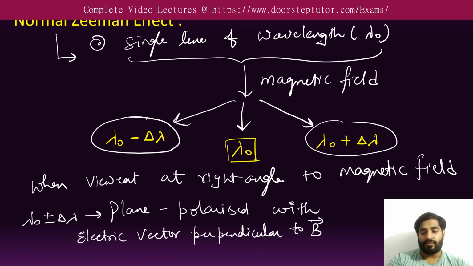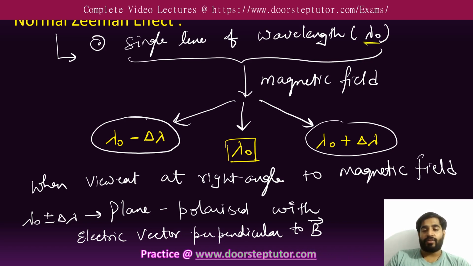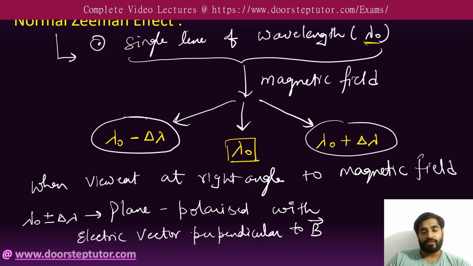This central one, lambda naught, is the wavelength of the source, because the single line also has that wavelength lambda naught. So the central one is the wavelength of the source, and the other two are plane polarized with the electric field vector perpendicular to B.